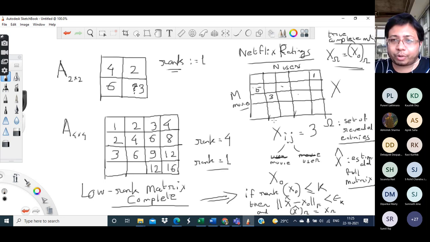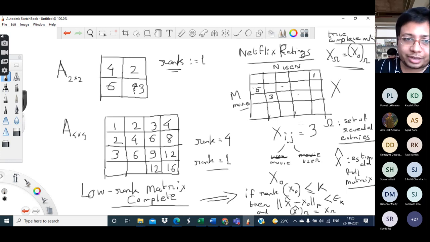Right. And why so? Why can many users have the same ratings? They might have the same taste. Exactly. So different users may have similar tastes, and similarly different movies can also be similar in some sense.